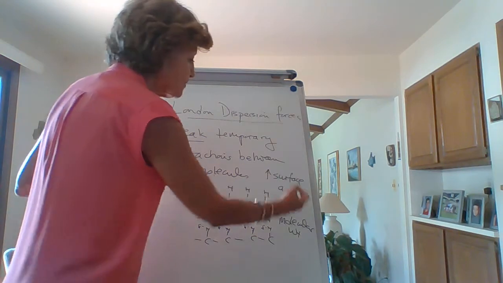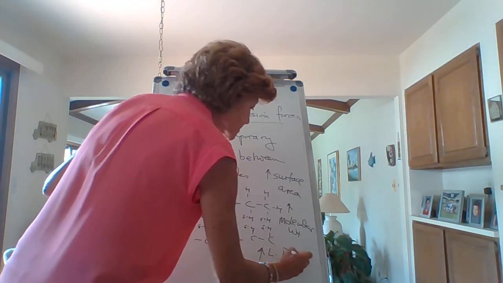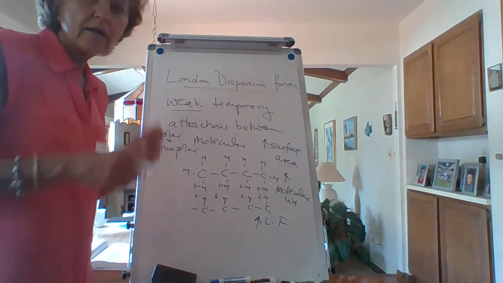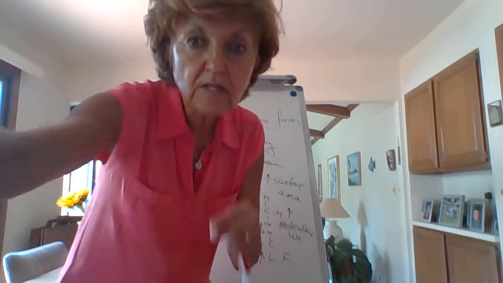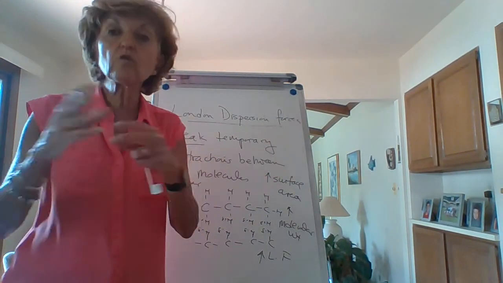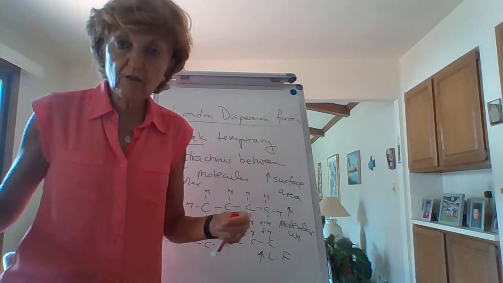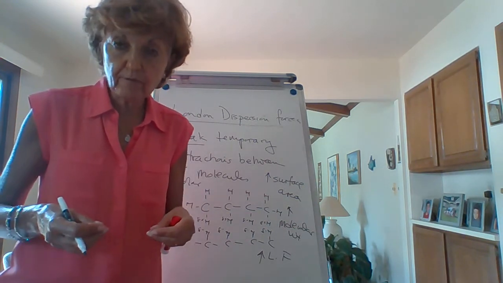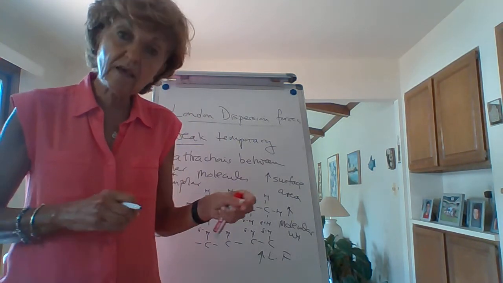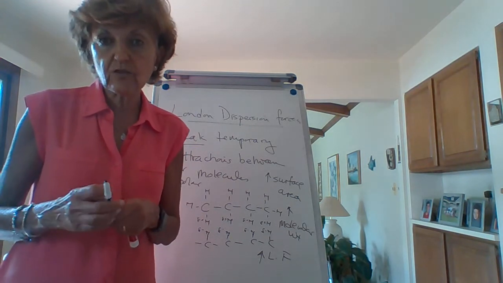So high surface area, high molecular weight, high London forces. Okay, LF stands for London forces. So London forces are definitely affected by size, all right? The bigger the molecule, the bigger the surface area, the more the molecular weight, the more the London forces. But still, London forces are considered super weak compared to dipole-dipole and hydrogen bonds.